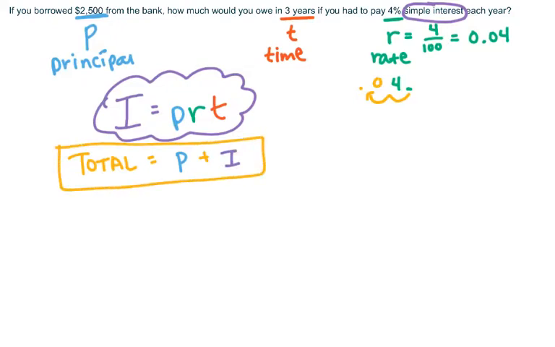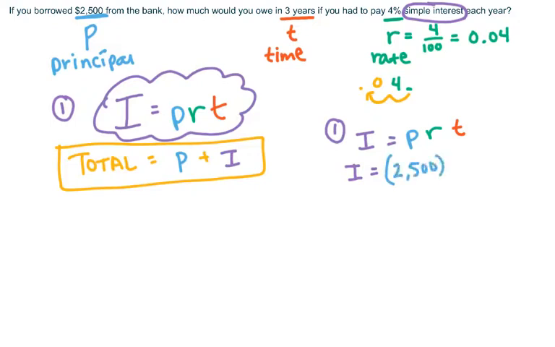So let's go ahead and do our first step. So first, to find the interest, we need to multiply the principal times the rate times the time. Once I start setting it up, I always put parentheses around everything. So my principal, the starting amount, is $2,500. My rate is in decimal form, 0.04 or 4 hundredths.